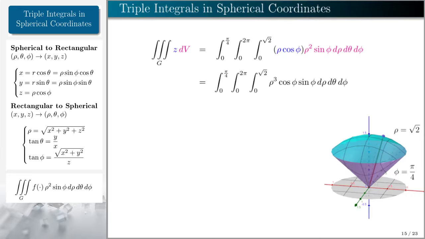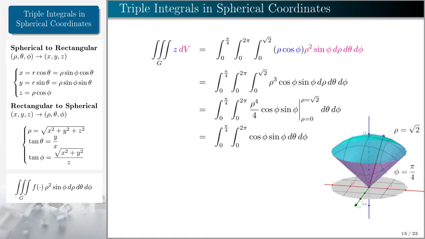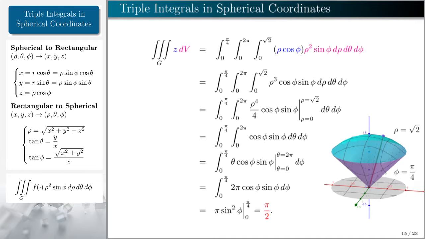First, anti-differentiate with respect to rho and evaluate, then anti-differentiate with respect to theta, which in this case there is none, so that will just be theta from 0 to 2 pi, giving me 2 pi, and integrating with respect to phi, giving me an answer of pi over 2.